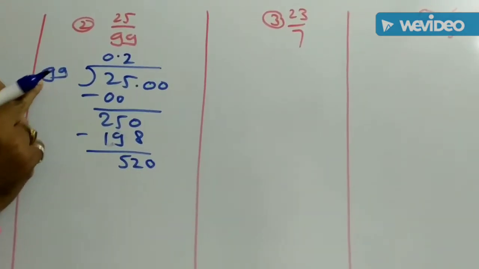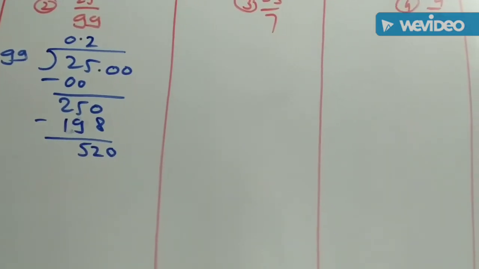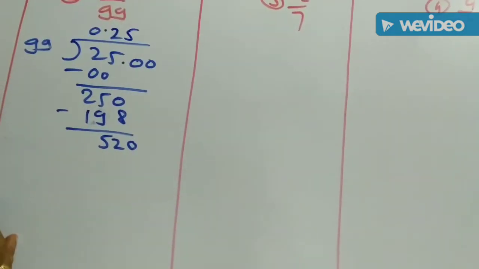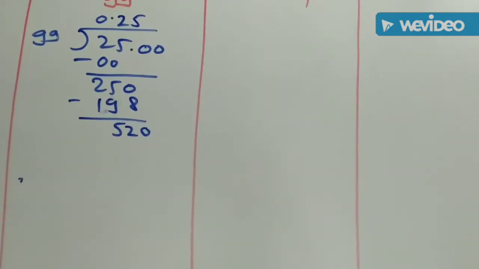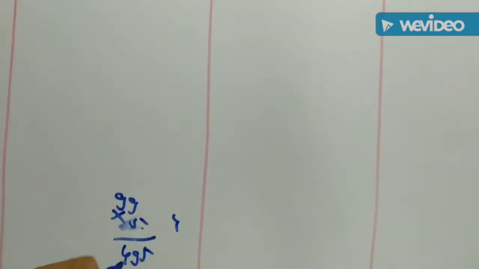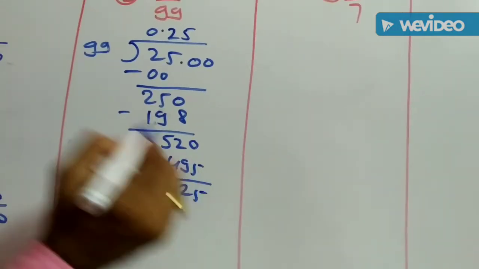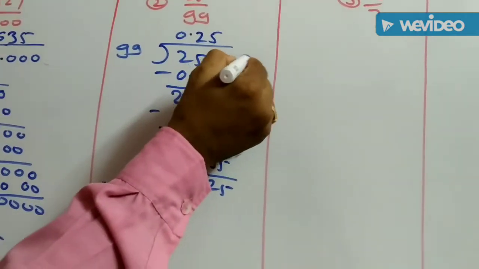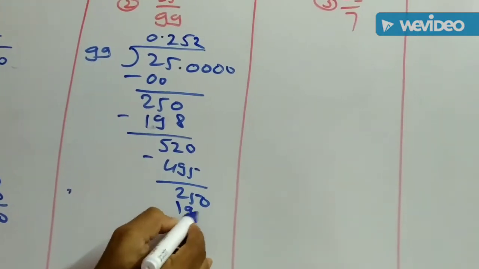Now again the table of 9 up to 52. 9 fives are 45, 9 sixes are 54, but it is more than 52. Therefore we divide by 5. 99 times 5: 9 fives are 45, plus 4, 49. That means 495. Subtraction is 25. Again we get 25, so again we take 0. 99 times 2 is again 198.